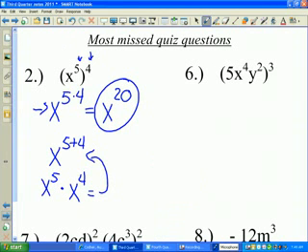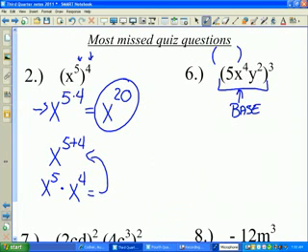For number 6, a lot of people didn't really get it wrong. There was one thing that was missing. So I have 5x to the 4th y squared being raised to the 3rd power. So that 5x to the 4th y to the 2nd, that's all underneath the parenthesis. That's telling me, just like the previous example we had for the homework, that this is my base.